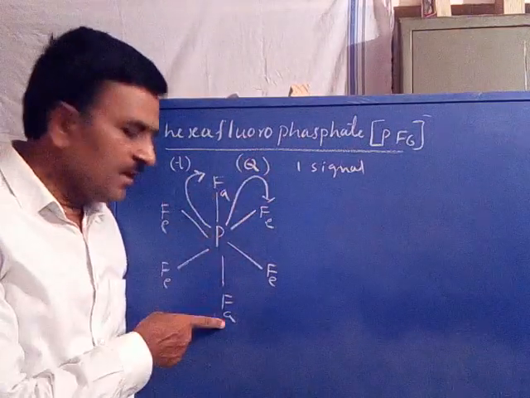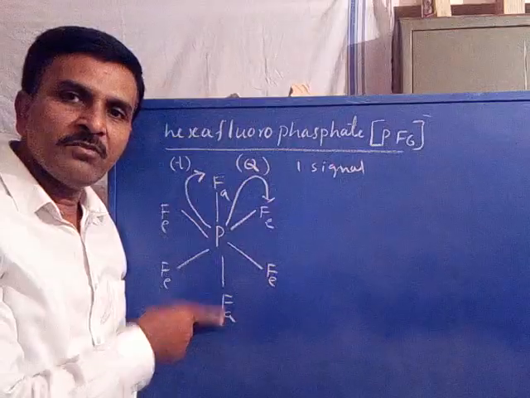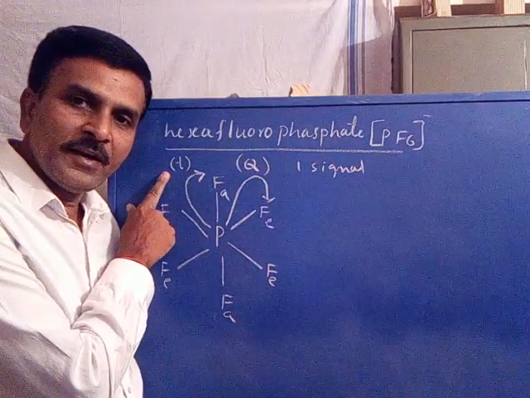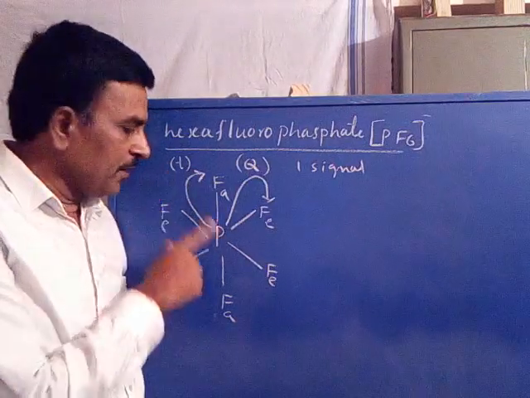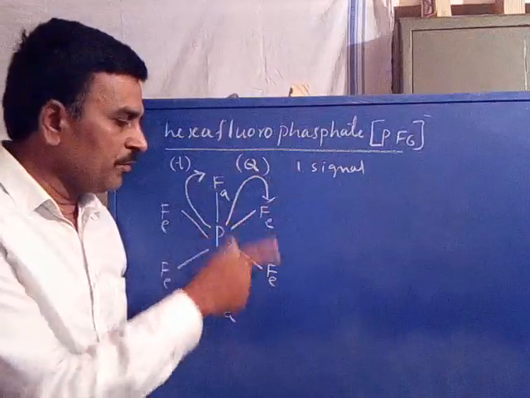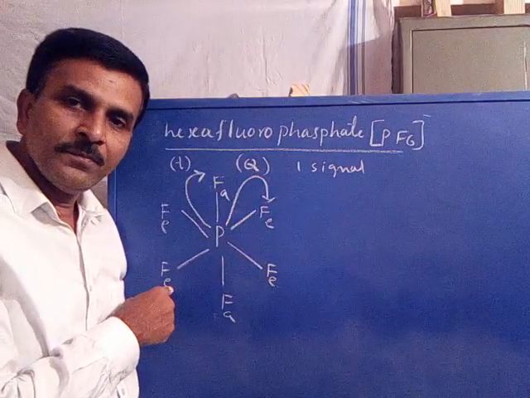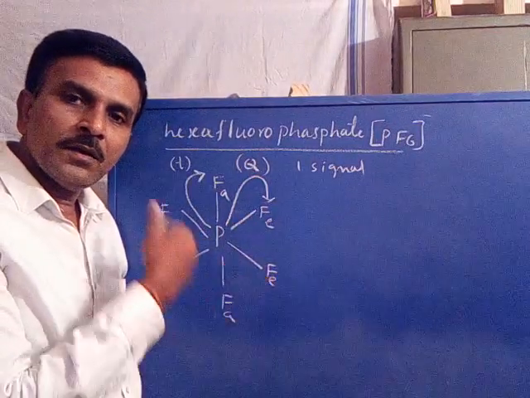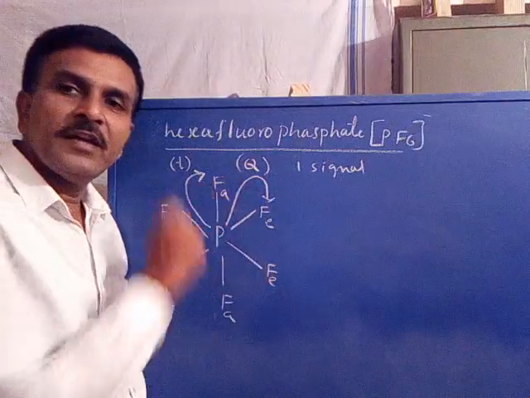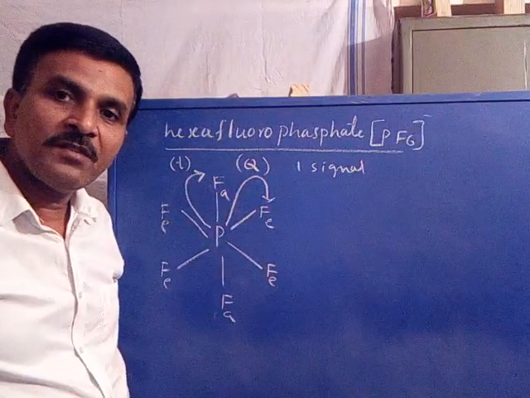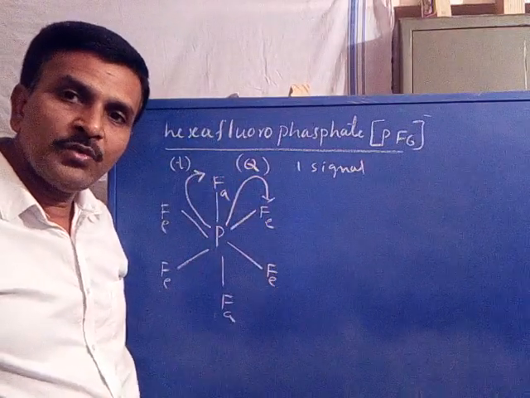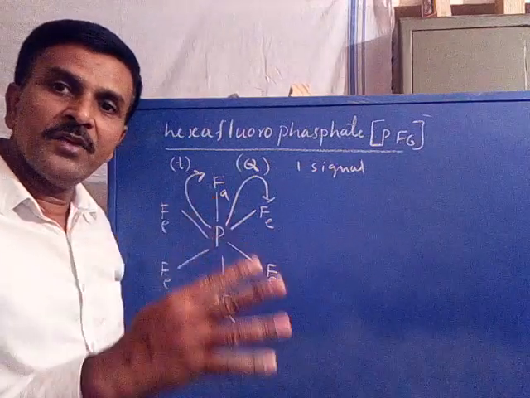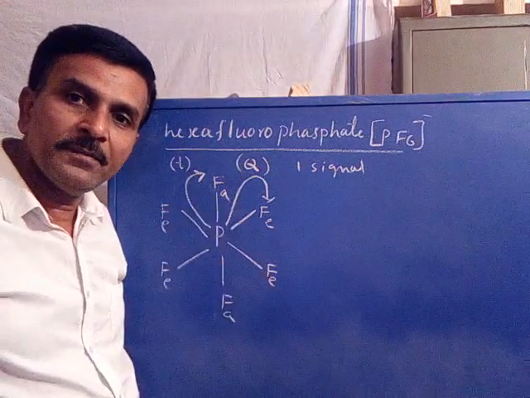First, when coupled with the two axial fluorines, 2 plus 1, it is split into a triplet. Now, when the same phosphorus couples with 4 equivalent fluorines, 4 plus 1, there is further splitting into a quintet. So a phosphorus coupled with two sets of non-equivalent fluorines has its multiplicity multiplied.